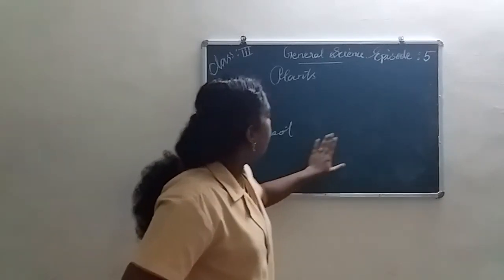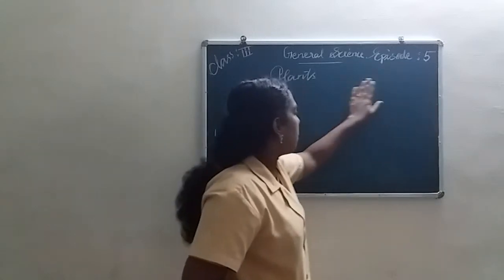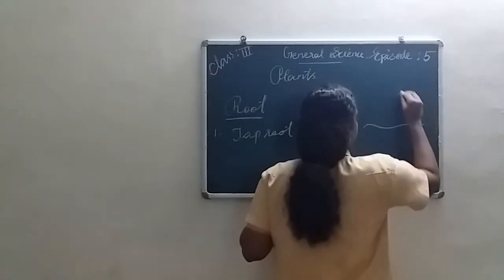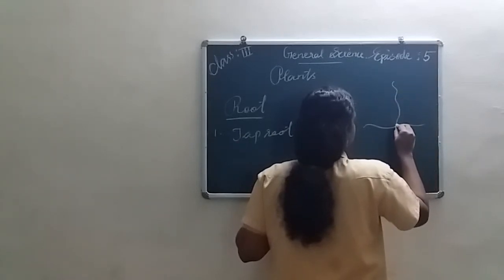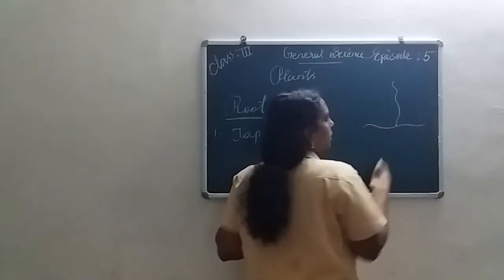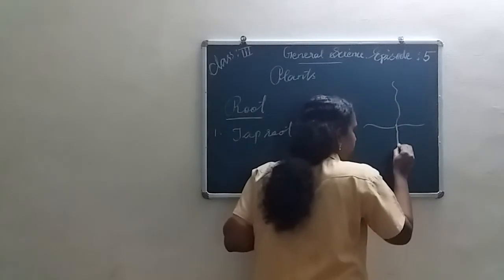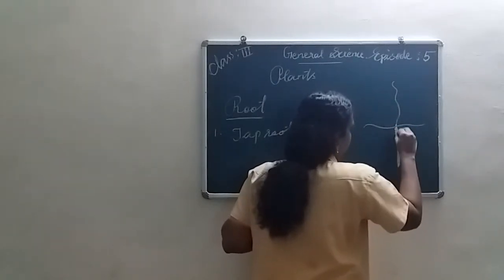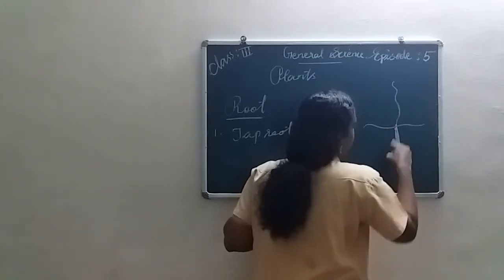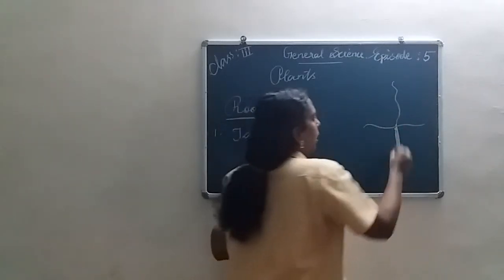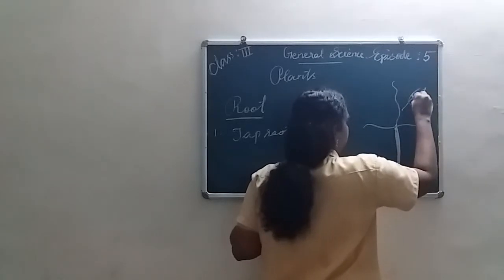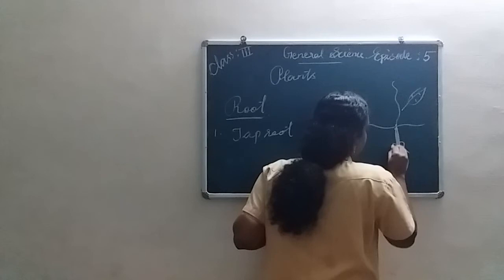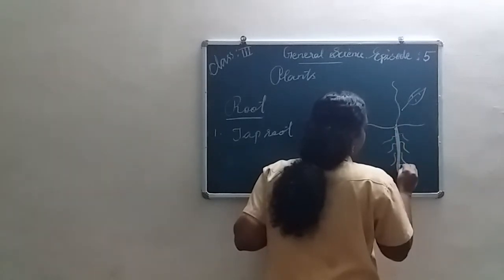Taproot means a main root grows from the base of a stem, like this. A main root comes from the base of the stem, and many small roots come from the main root.